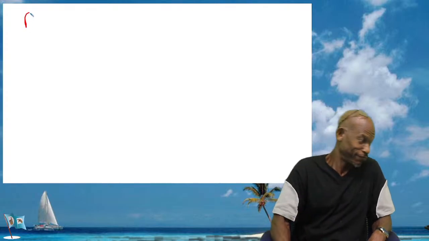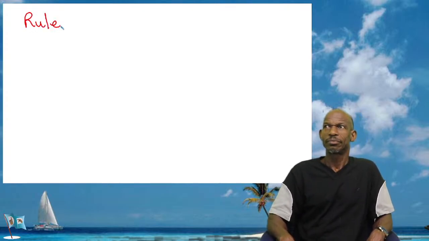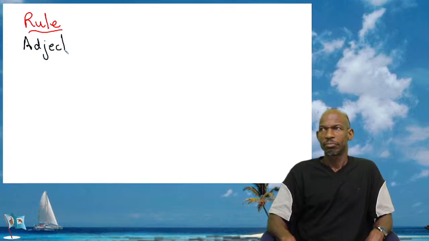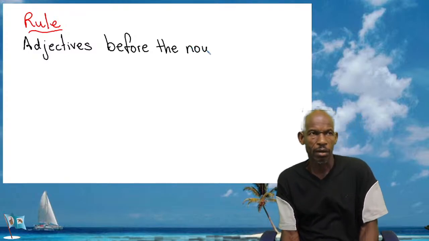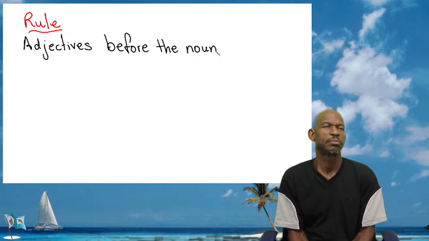So we have adjectives. I'm going to put one example. It is a rule. Adjectives before a noun. So adjective before a noun.